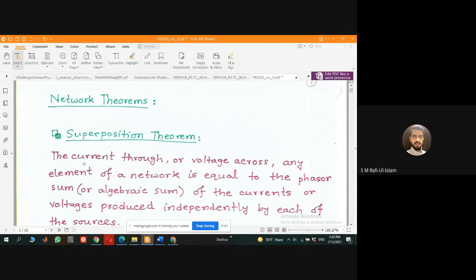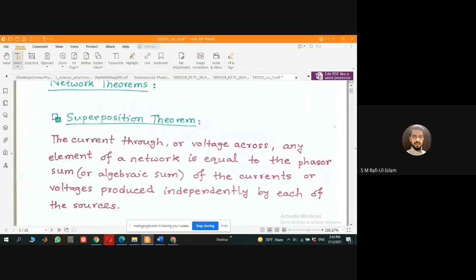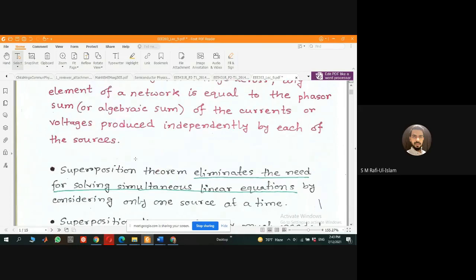So what does it mean? That means if I consider a particular source, at that time other sources will be deactivated, means other sources will not be in effect. So this is the very basic of the superposition theorem, and probably you all have learned this thing in this circuit.